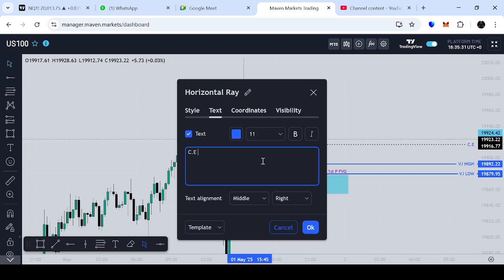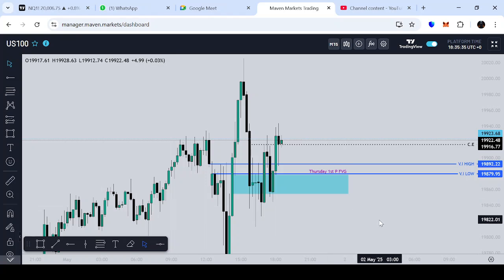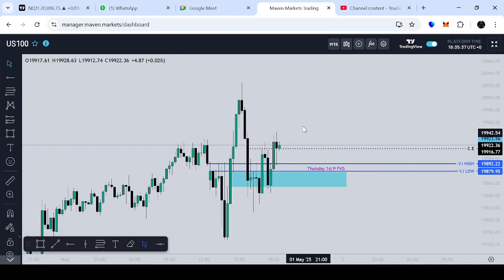That's the consequent encroachment of that inefficiency there, the 50% of this inefficiency over here.